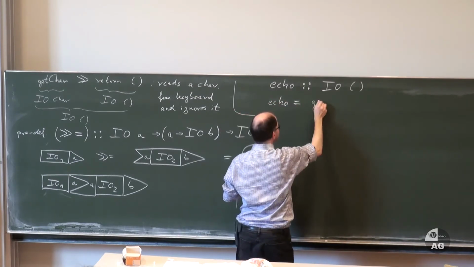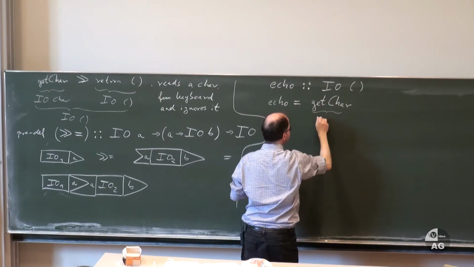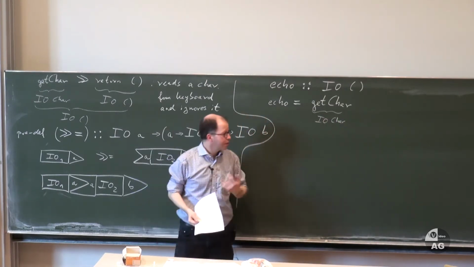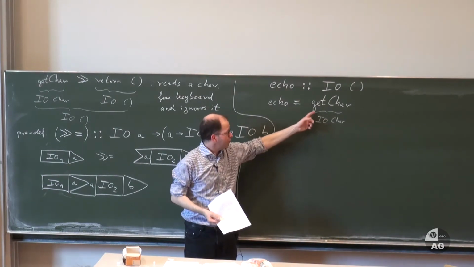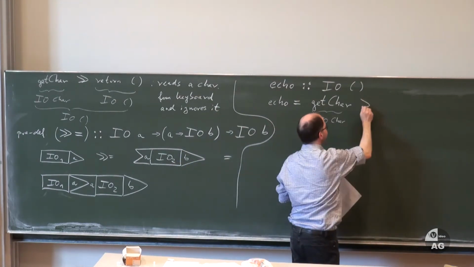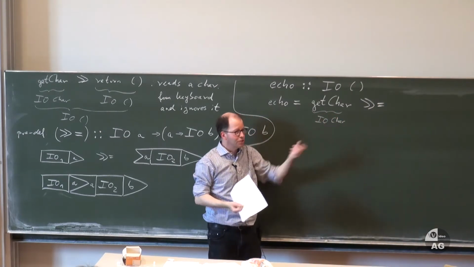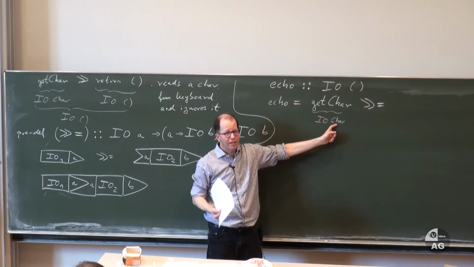Well, first we do get character. And get character is of type IO character. So this is an action which reads a character from the keyboard and determines this character. And now, afterwards, we bind this to a function which takes out the character from this action. So it takes the character that was determined here and does something with it.